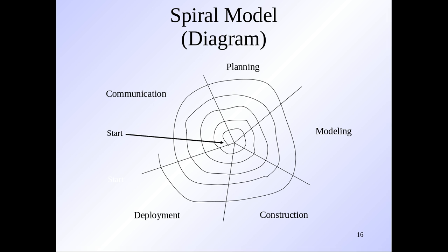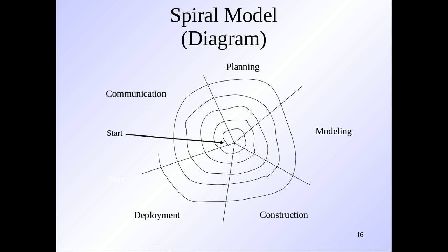The spiral model is divided into a set of framework activities, each defined by the software engineering team, and each framework activity represents one segment of the spiral model. That segment is shown in a diagram; you can see it on the screen.